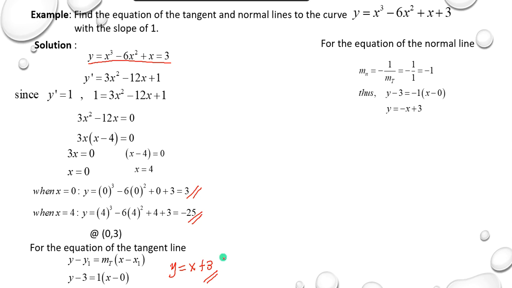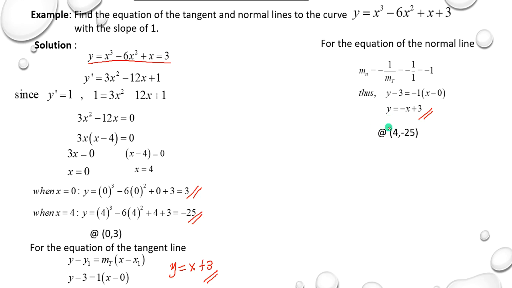Then we plug in, thus we have y minus 3 equals negative 1 times x minus 0, where the value of x is 0. We have the equation of the normal line. So we have the equations for the tangent and normal lines at the point 0 and 3.